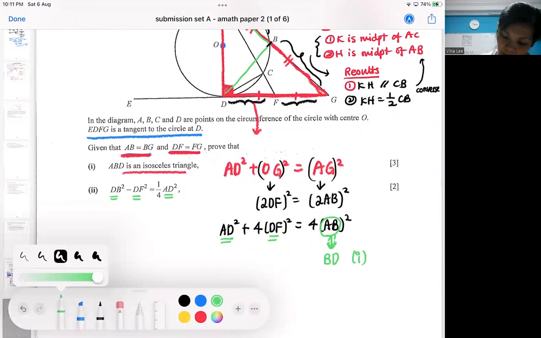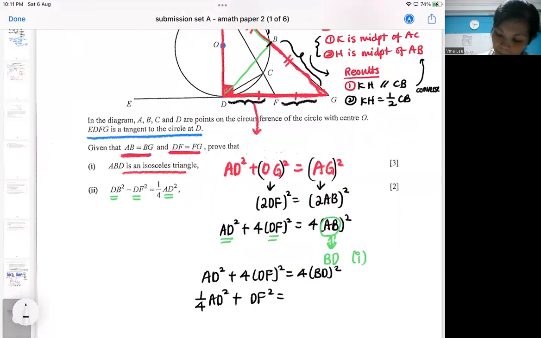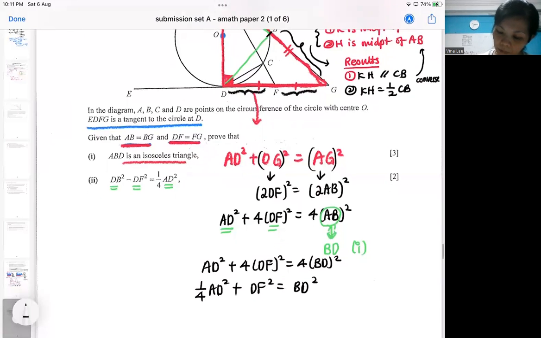So all in all, I'm gonna get quite close to the proof already. So I got a 4DF square and become a 4BD square. And I divide by 4 throughout. And I just bring it over.